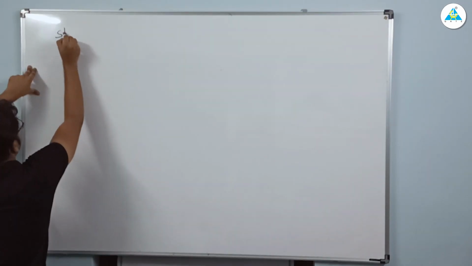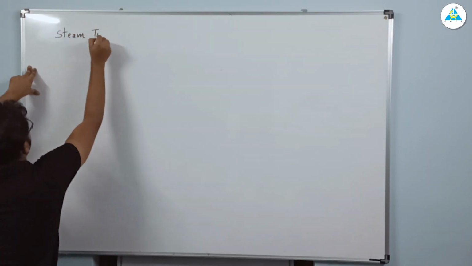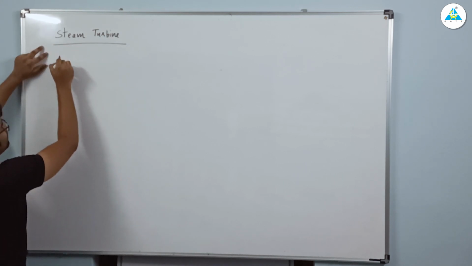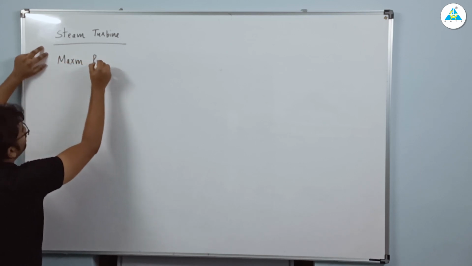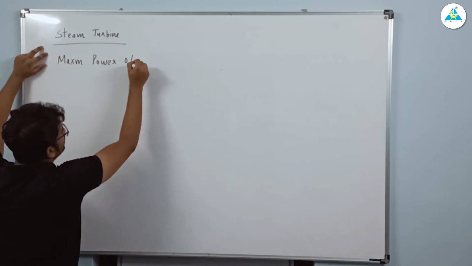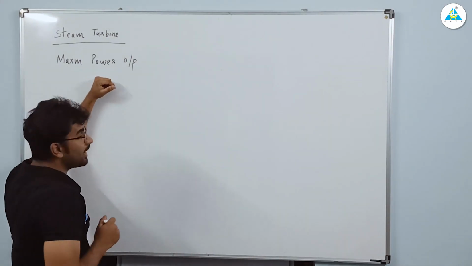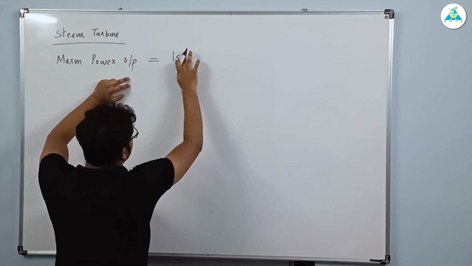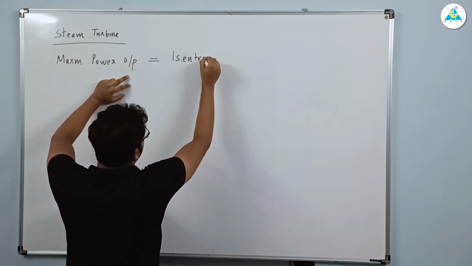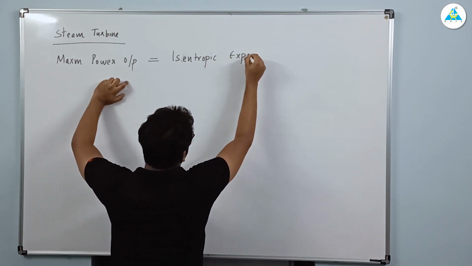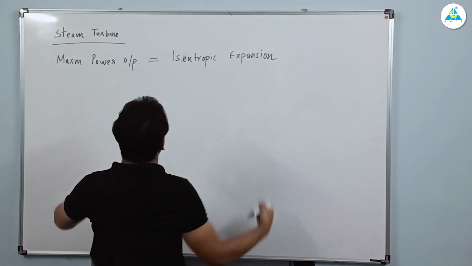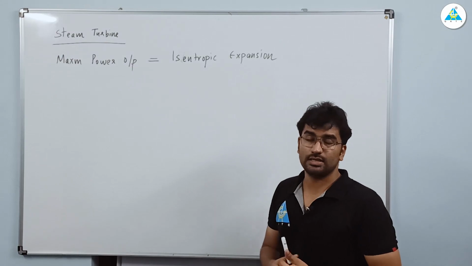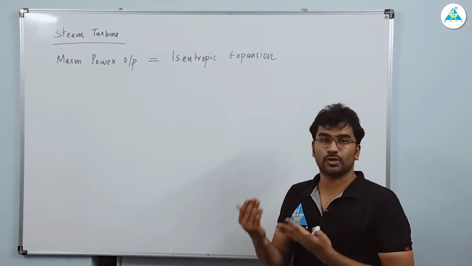But steam turbine, since they have asked before, आपको ये याद रखना पड़ेगा, that is for steam turbine we will get maximum power output in a steam turbine, right? We will have maximum power output in a steam turbine when we are having isentropic expansion in a turbine, right?